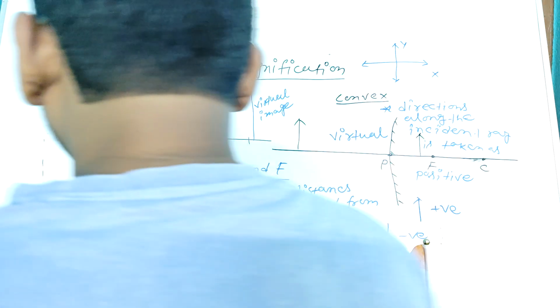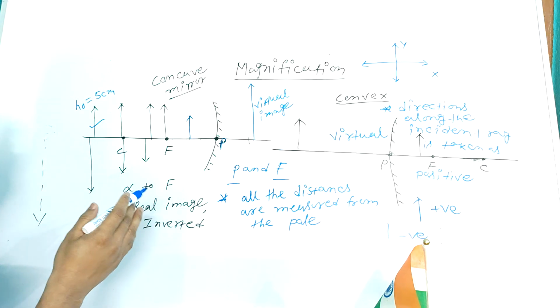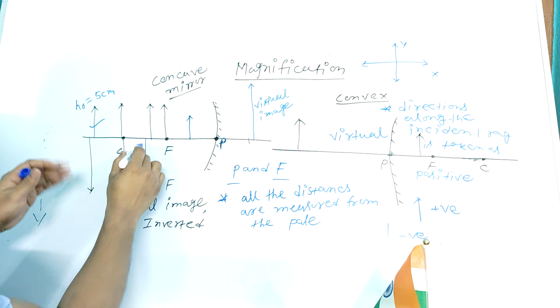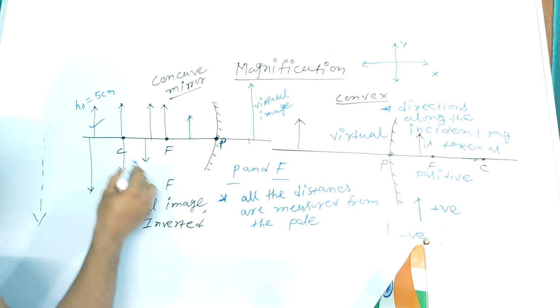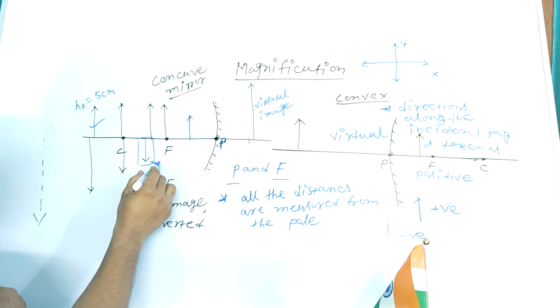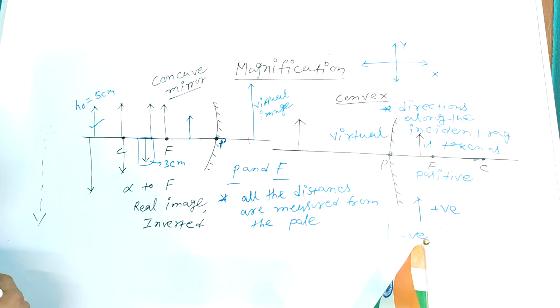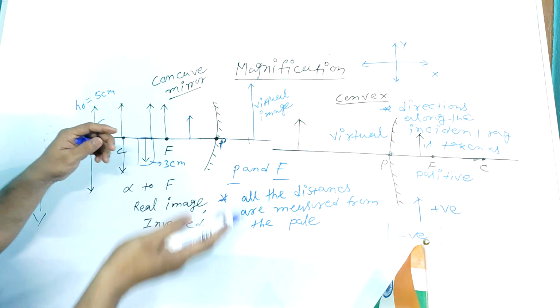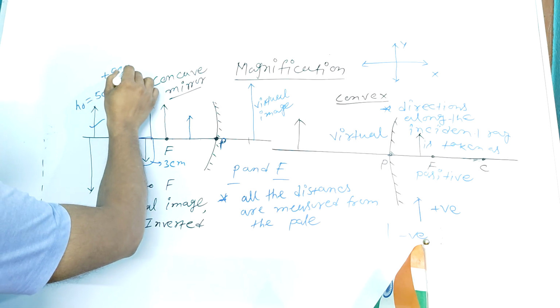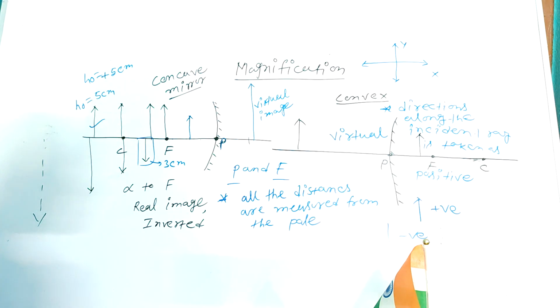The height of the object is 5 centimeters, and suppose when the object is beyond C, the image is between C and F. And I'm getting the height of the image as 3 centimeters. Since the object is above the principal axis, we write plus 5 centimeters as the height of the object.